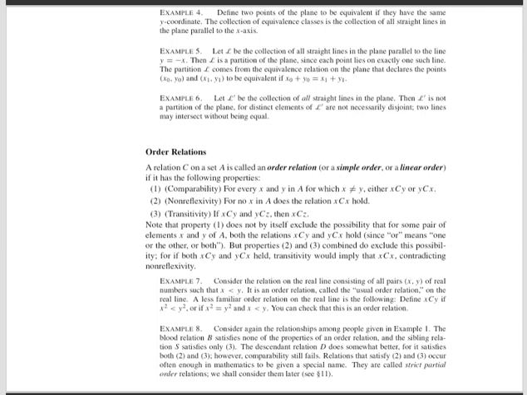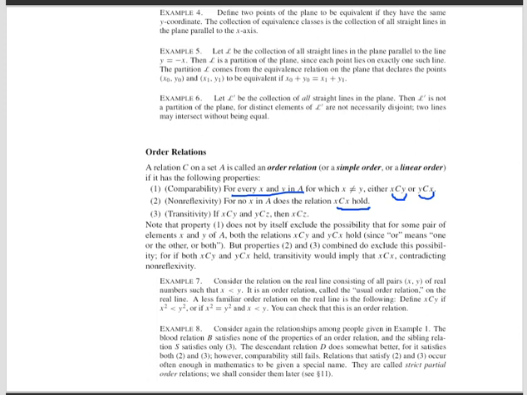It has comparability. Indeed, for every x and y in R, x is not equal to y, x has a relation with y, or y has a relation with x. Non-reflexivity. For no x we have this one. The reflexivity does not hold. Transitivity.